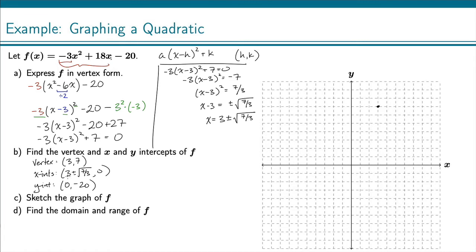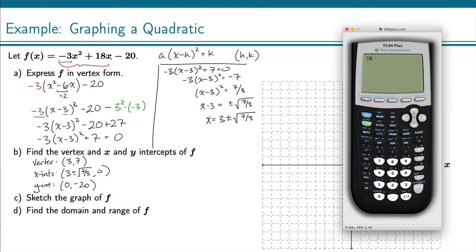And then we can plot our x-intercepts, at 3 plus or minus root 7/3. So let's plug those into our calculator. 3 plus the square root of 7/3 is about 4.5, and then 3 minus the square root of 7/3 is about 1.5.